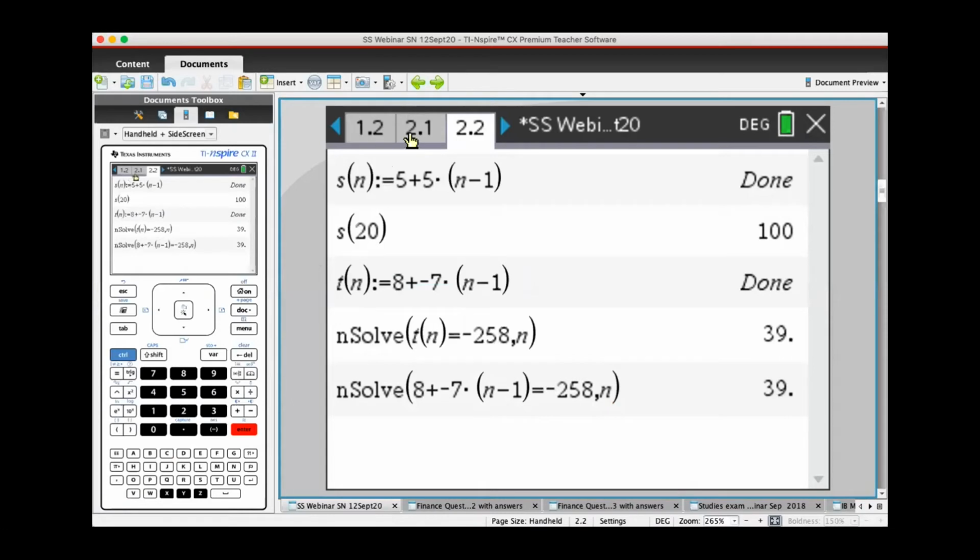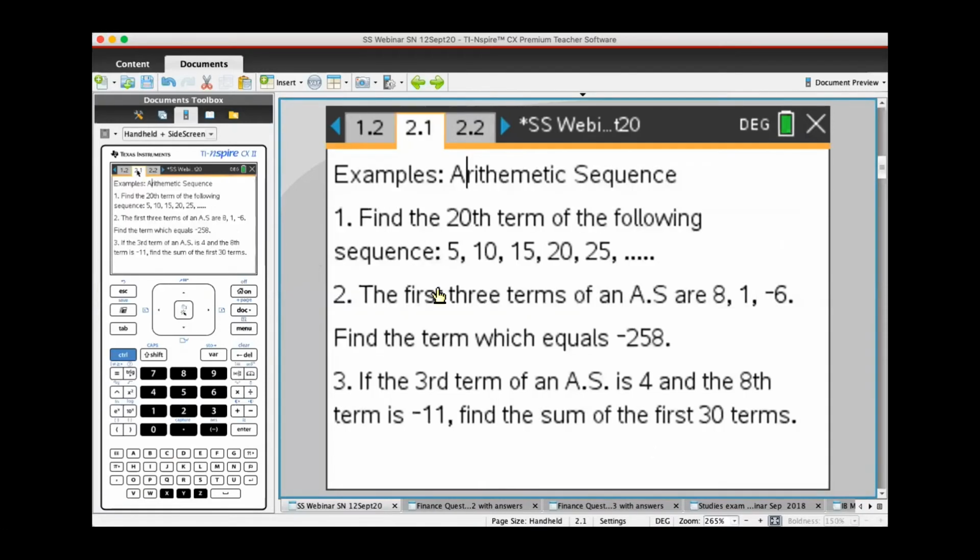Let's go to the third one. All right. Now, if the third term, so this is interesting because we are going to use still a different application, which is for solving simultaneous equations. If the third term of an arithmetic sequence is 4 and the 8th term is negative 11, so you should know that you need to use a system of equations where the third term is defined as a plus 2d, right?